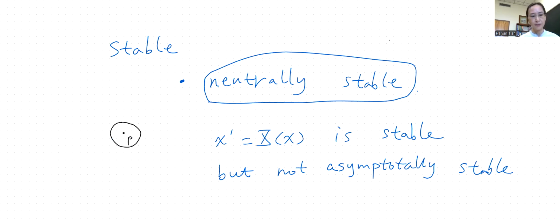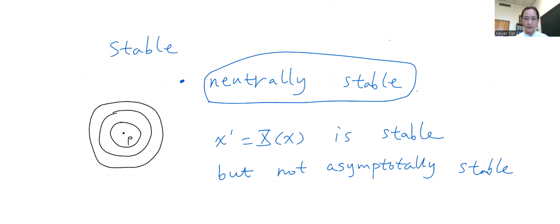So this case is actually to describe neutrally stable. That means when the initial data is close enough to P, then the solution is close enough to the point P.